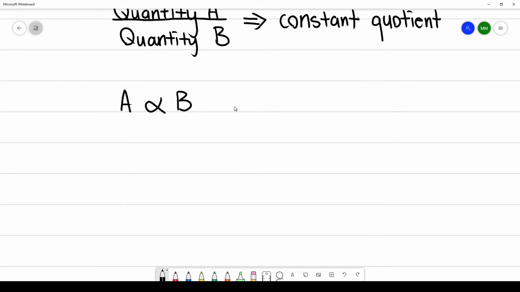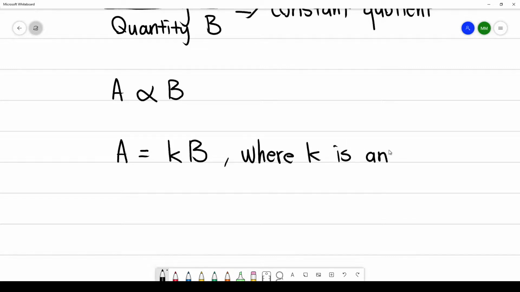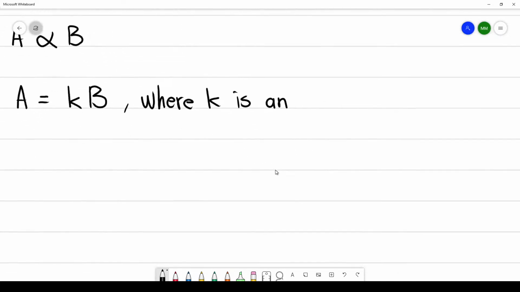The other way we can represent this is A is equal to k times B, where k is an arbitrary constant.